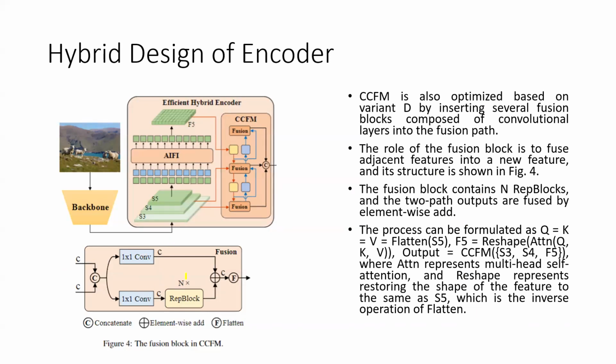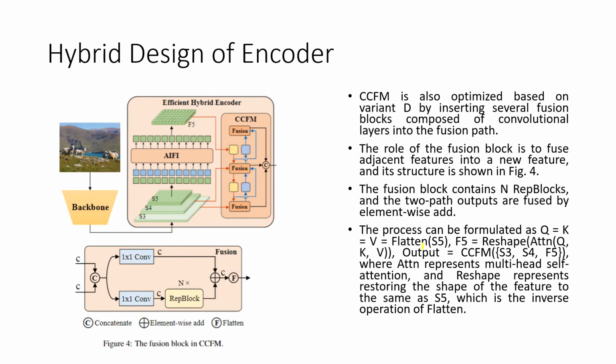They take features from all the layers and send them to a convolutional block, then to a wrap block, and then they fuse together with the feature map of F5.